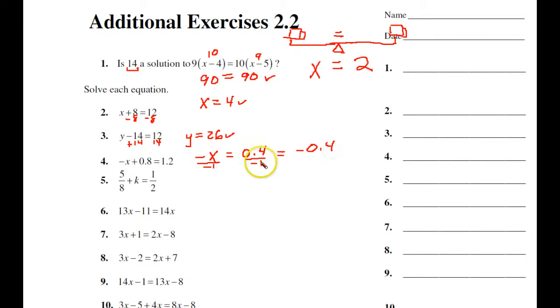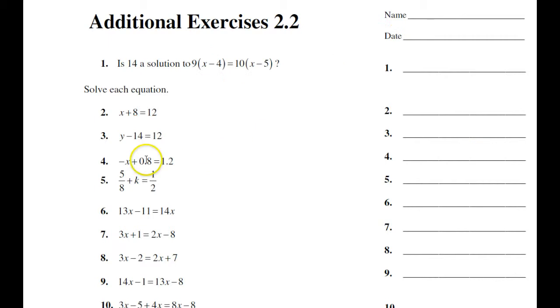All right, now they're getting a little more complicated. And let's get some room. So we have here now 5/8 plus k equals 1/2. So we're going to subtract 5/8 from both sides. I didn't write it on this side.